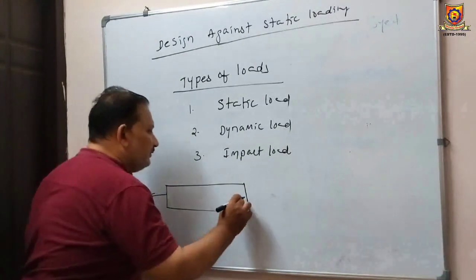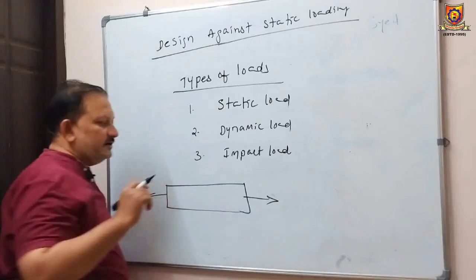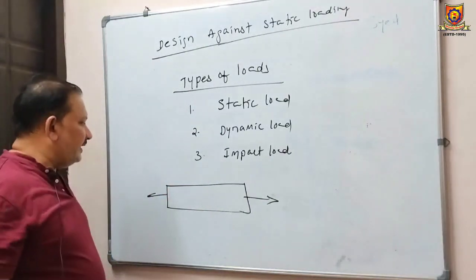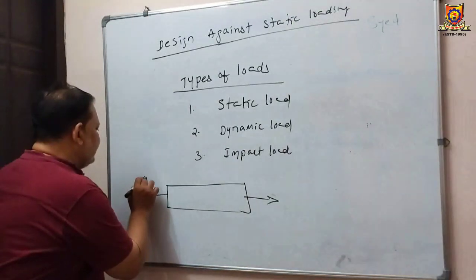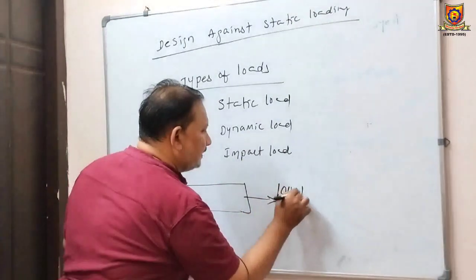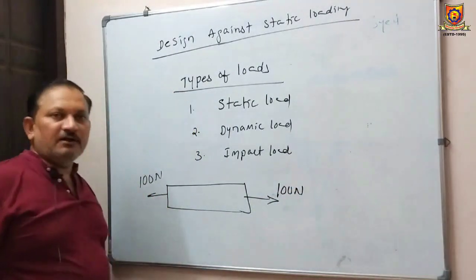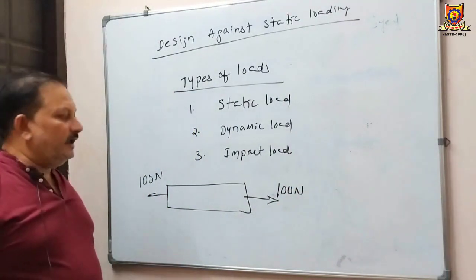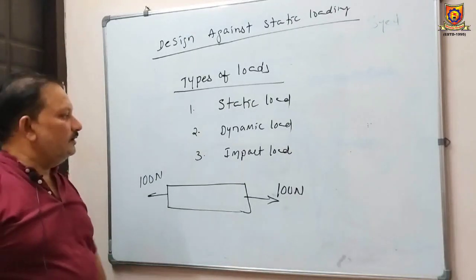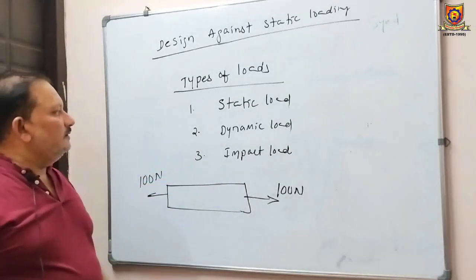That type of loading we can call a static loading condition, right? See, this is one machine part. It is subjected to a tensile load of 100 newtons. I can say this component is subjected to static load.